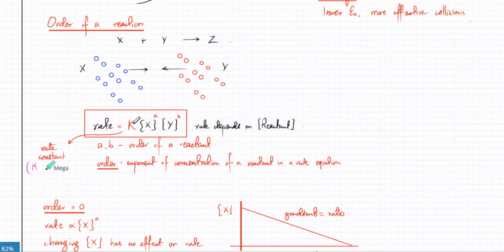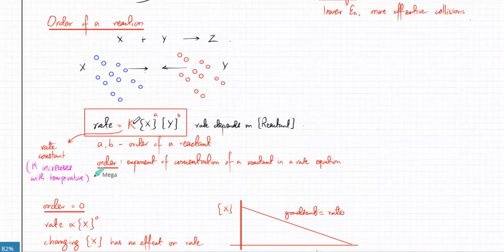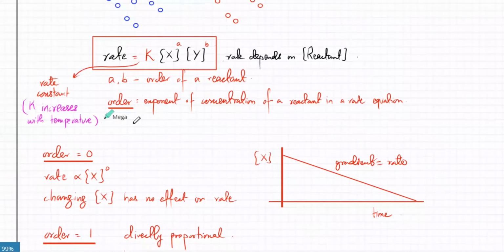K increases with temperature. If you keep the concentration the same, the rate increases because the K value increases with temperature. But we're not that interested in K at the moment, so we can just keep that aside.